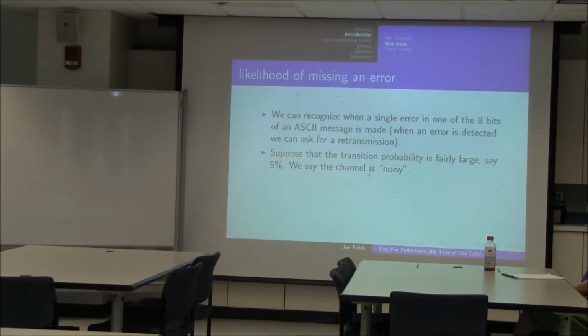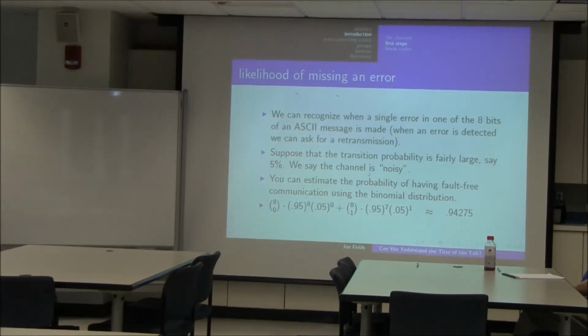So this is going to make Ray excited. We're going to talk about symmetrical probabilities. So suppose you've got a transition probability that's fairly large. 5% of your bits will get changed from 0s to 1s and 1s to 0s. That's a pretty large amount. We call that a pretty noisy channel. Here's the estimator of fault-free communication, thinking about the binomial distribution. Basically, if I have no errors, perfectly good, I'll have fault-free communication.